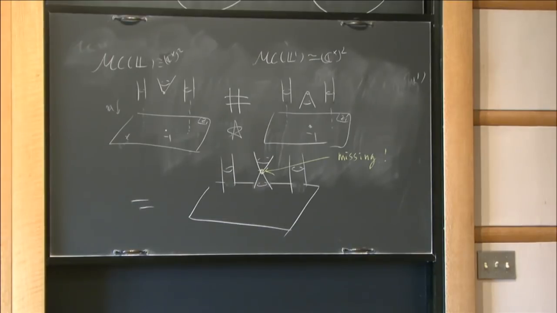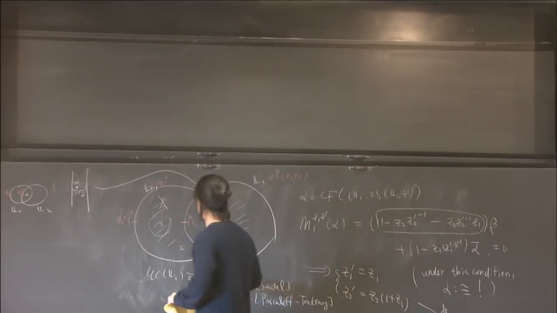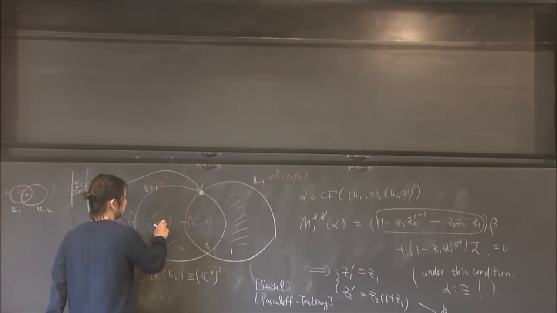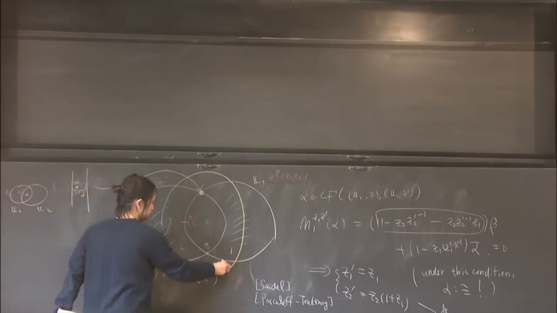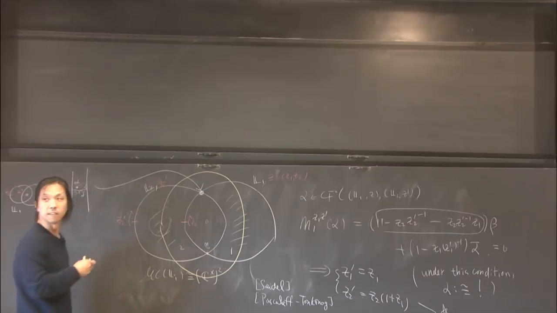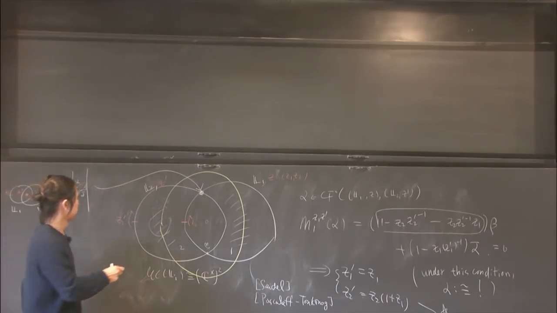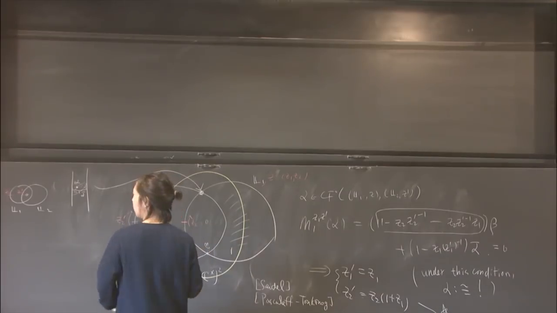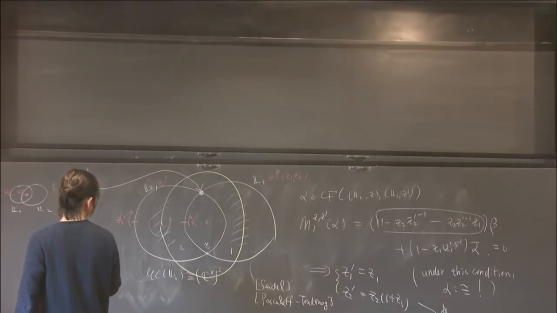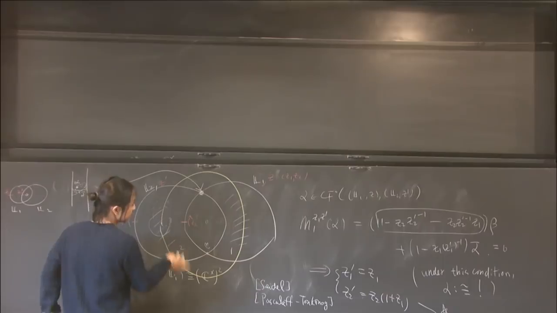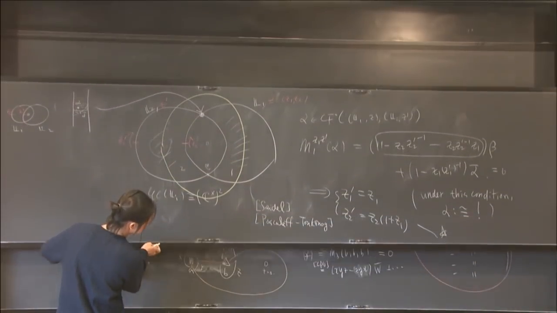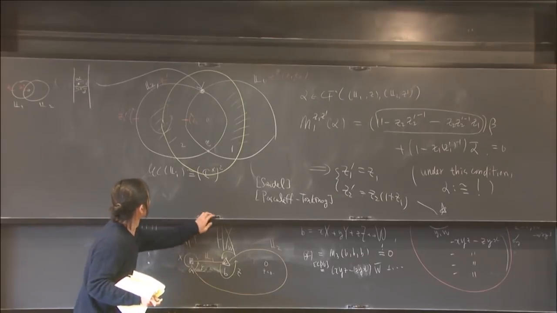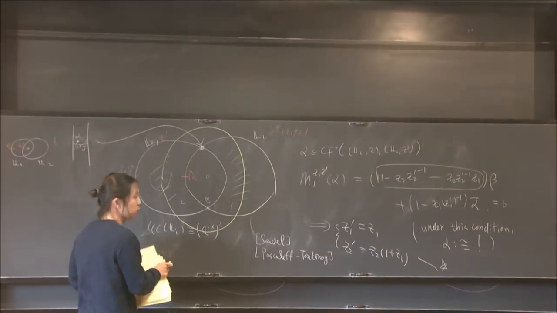So how do I find these missing points? Take the immersed S2 like this. So this is an immersed S2. As I have done here, I choose two immersed generators.